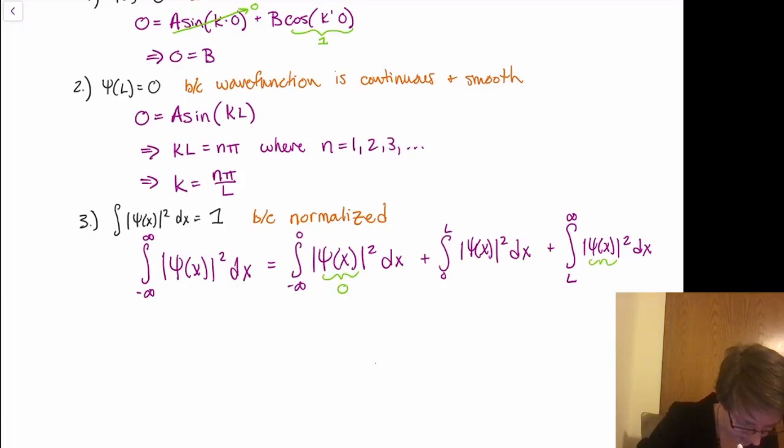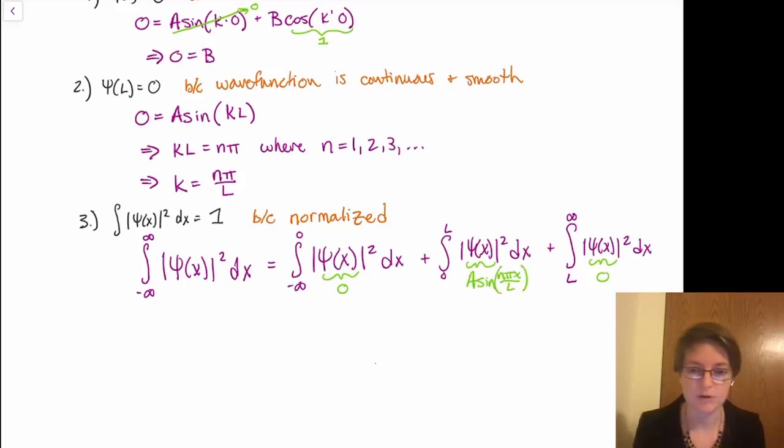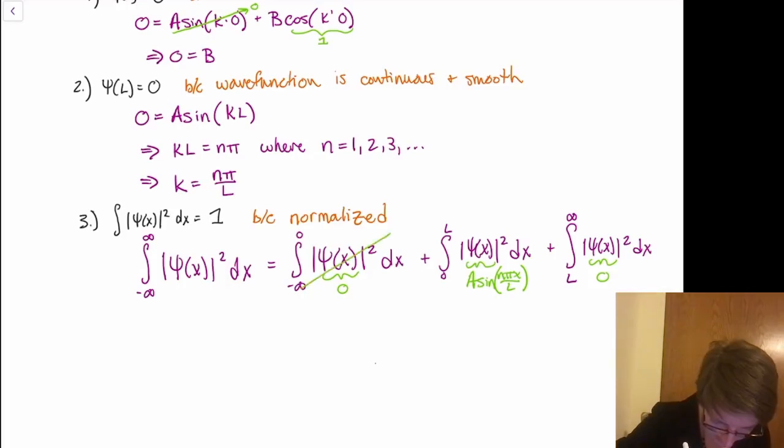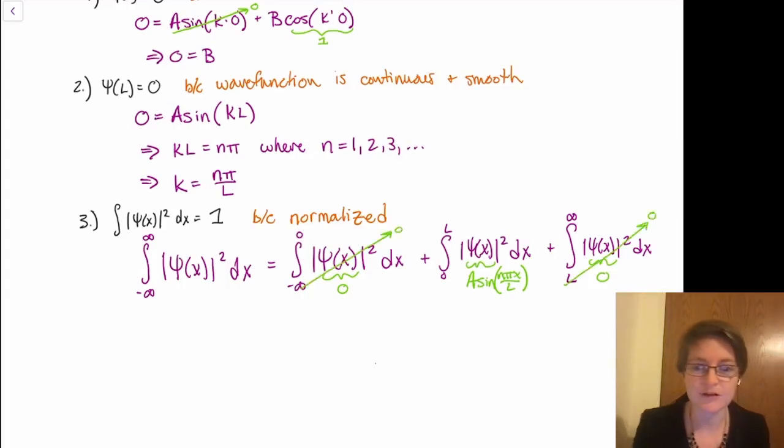Same thing between L and infinity. It's only in the middle piece that it is equal to something more interesting. And so now maybe we can see why in a textbook you'll immediately see folks just start solving this middle integral, because the first and third pieces all go to 0, since the integral of 0 is equal to 0.